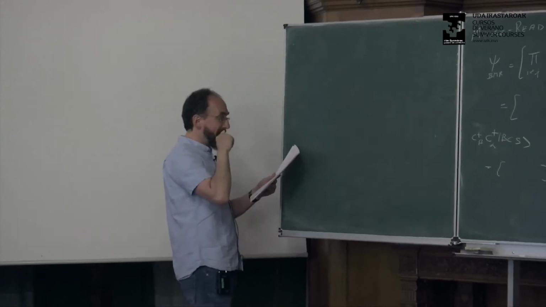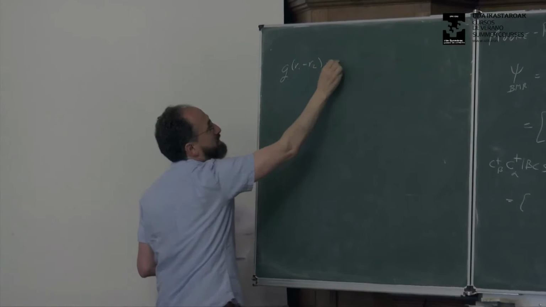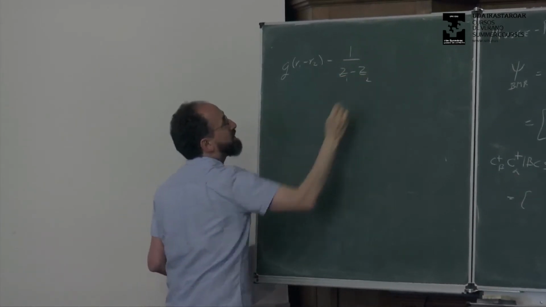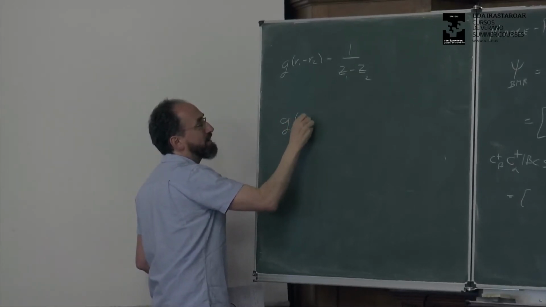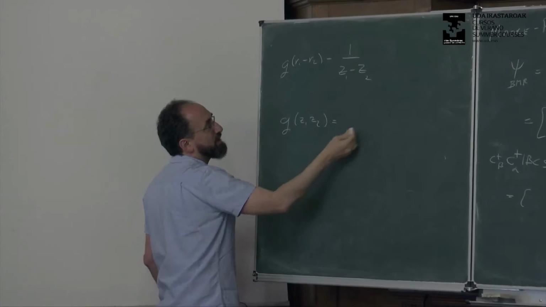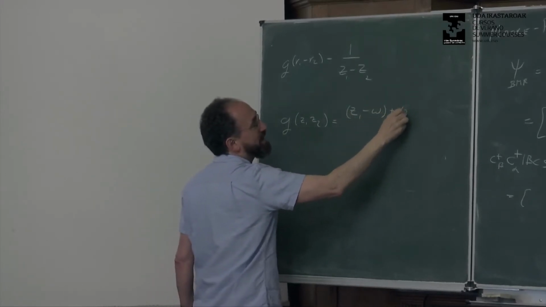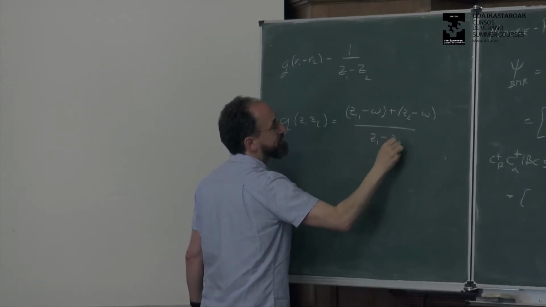So the way we can do that is by taking our g(r1 − r2), which was 1/(z1 − z2), and changing it to g(z1, z2) = (z1 − w + z2 − w)/(z1 − z2).